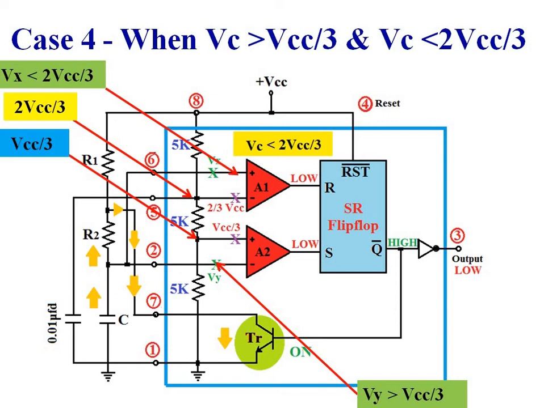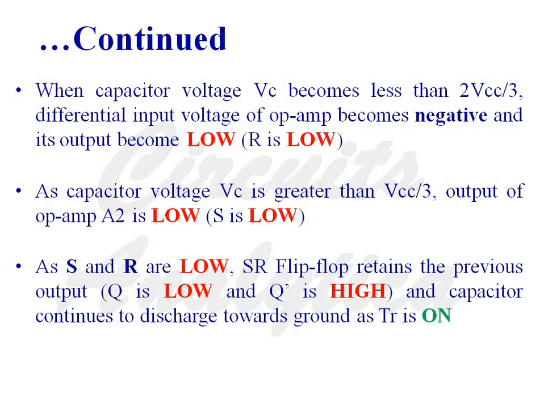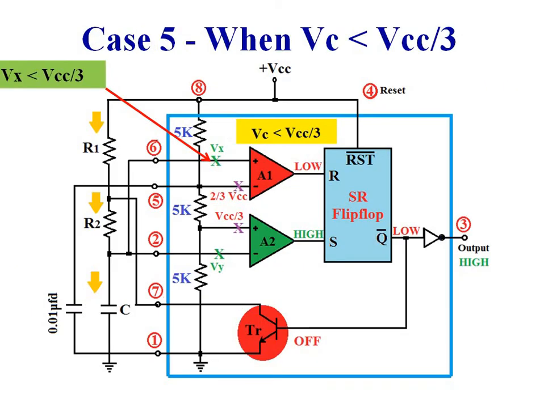As Q bar is high, transistor TR base emitter junction continues to be in the forward biased condition. So transistor TR continues to be in the on condition. So capacitor C continues to discharge through resistance R2 and on transistor TR. So capacitor continues to discharge.